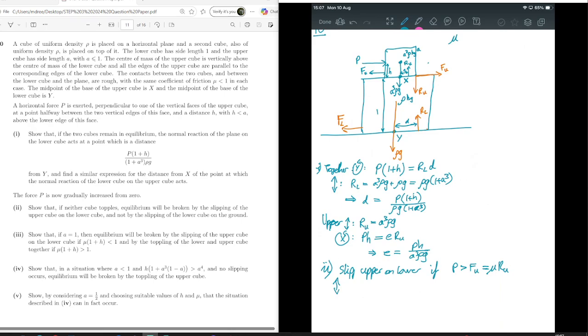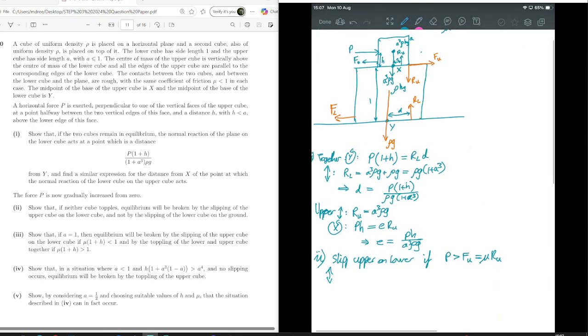But if I do up equals down on this picture, we have again that Ru is a cubed rho g. So we're slipping on the upper as soon as the P force gets greater than mu a cubed rho g.